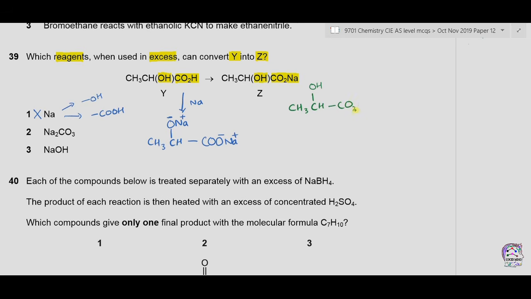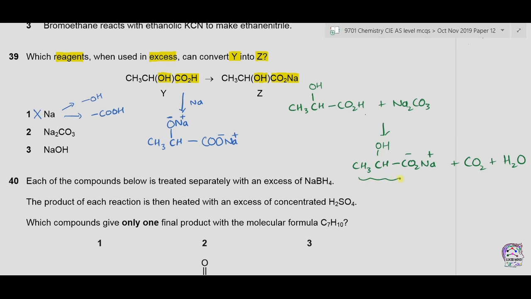We have CO2H plus Na2CO3. The product formed will be CH3, CH, OH, CO2Na. Now this is the sodium salt of this compound Y, plus CO2 gas plus water molecules will be formed.